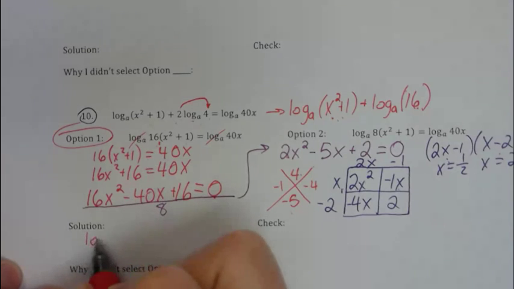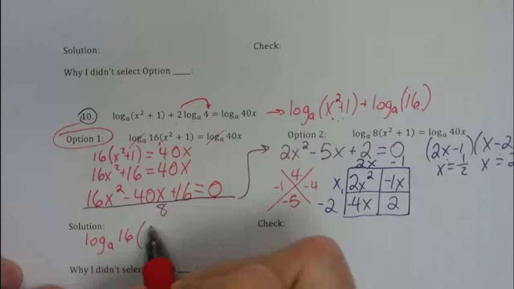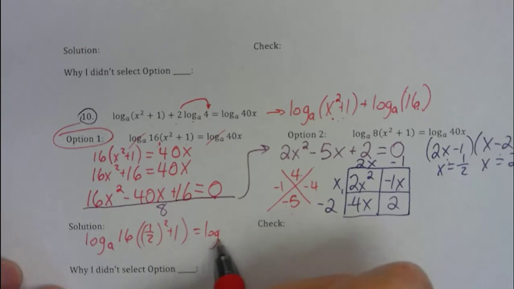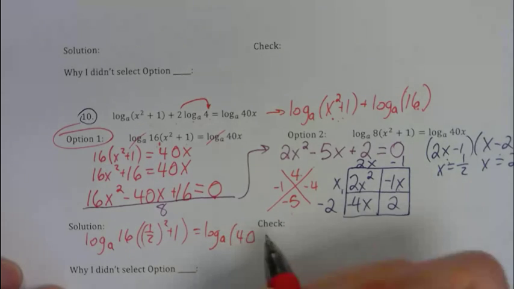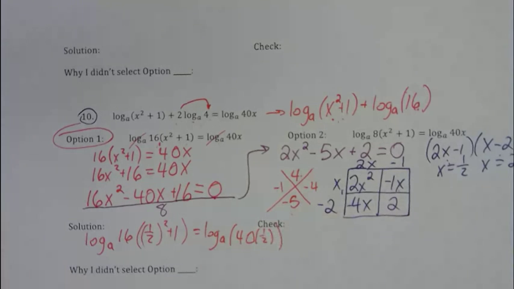So I need to look at log base a of 16 times 1/2 squared plus 1. That should be the same thing as log base a of 40 times 1/2.